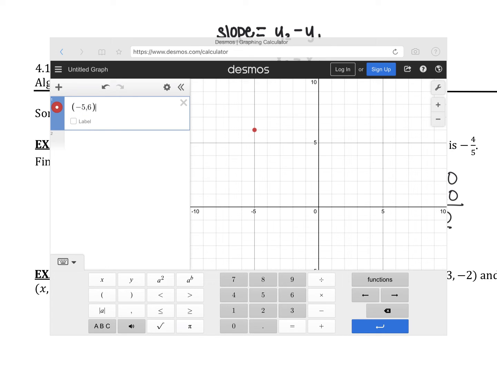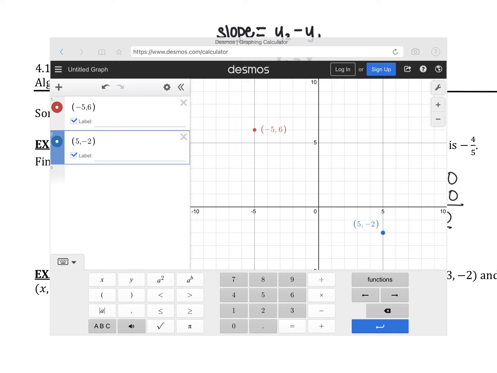Okay, there it is. Negative 5, comma 6. So let's give that a label. And then let's graph the point that we think is the next point, which was the ordered pair 5, comma negative 2. That's the y value that we got. Okay, and I'm going to add a label to that one. And now, if I graph this line and I connect these 2 points.